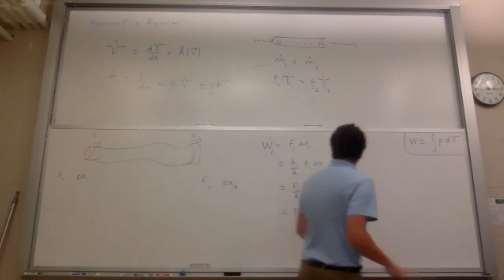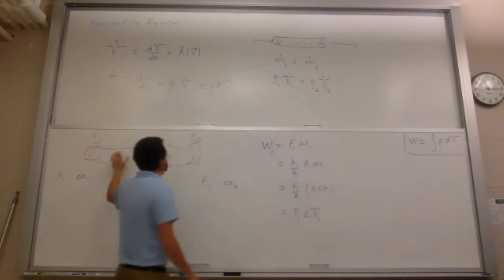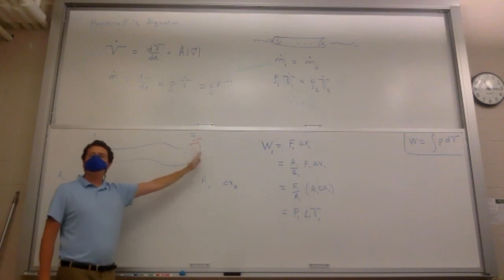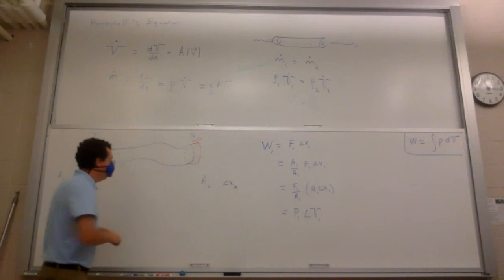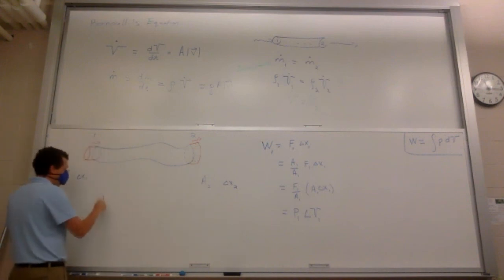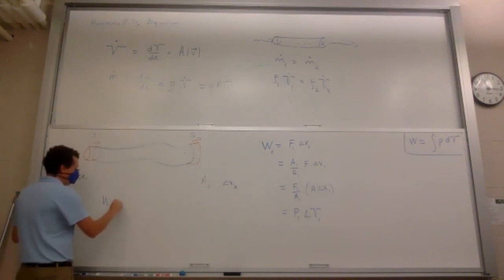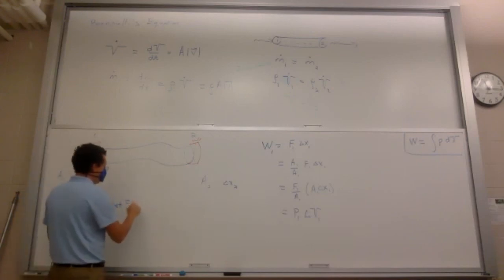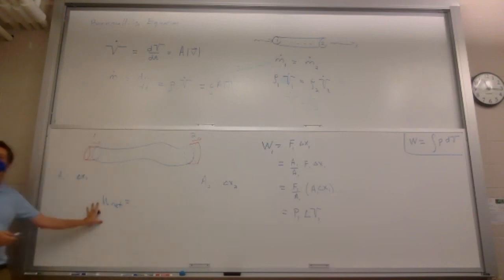All right, so coming back to our story then, on this side I'm going to have positive work. On this side I'm going to have negative work. So the net work, W net, is, nope, we don't know.